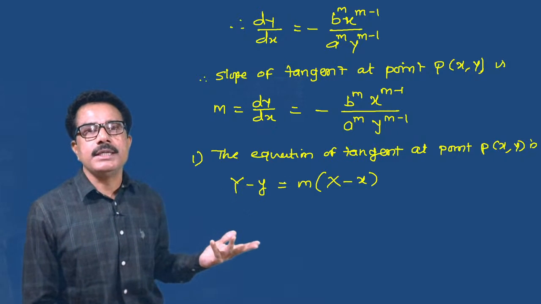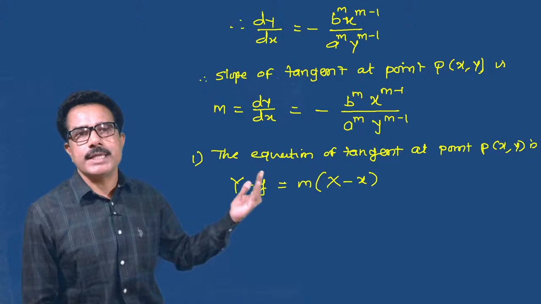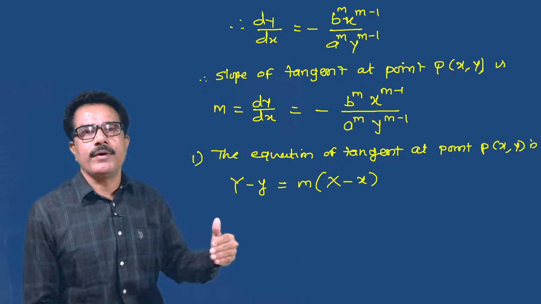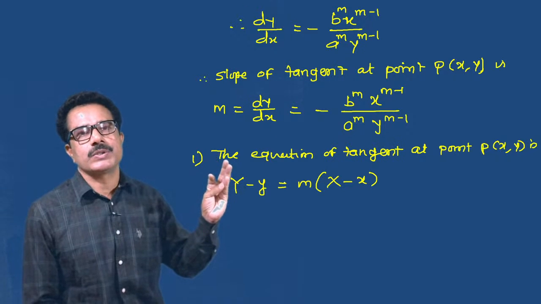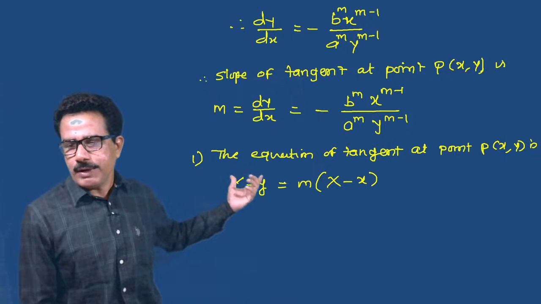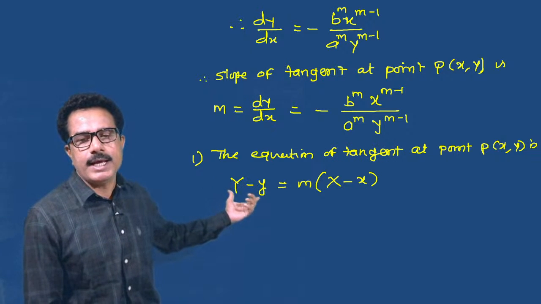You have already studied this in the 12th standard. The equation of a tangent in slope point form is y minus y1 is equals to m in a bracket x minus x1. In this way we can obtain the equation of a tangent.